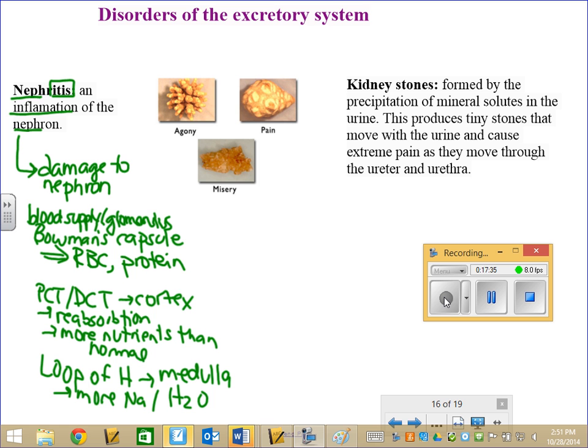And so depending on which part of the nephron is actually inflamed, I would expect different results in a urine test. And you'll notice me mentioning urine tests a lot. We're actually going to, tomorrow, spend the class doing a simulated activity where we look at tests that we can perform on urine, because most of the time, that's how we'll determine if someone has a kidney disorder.